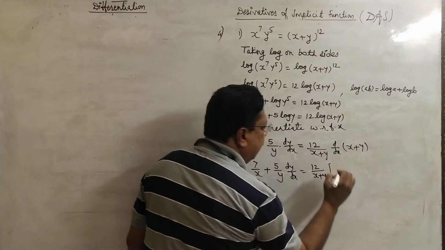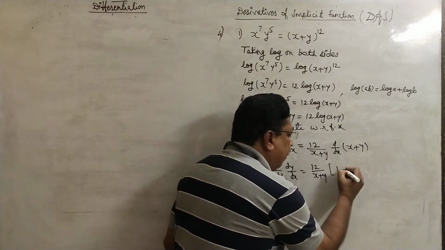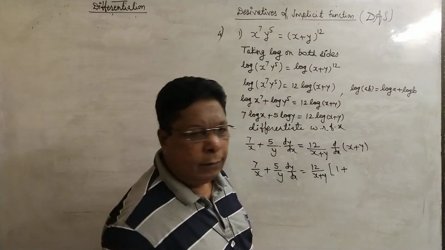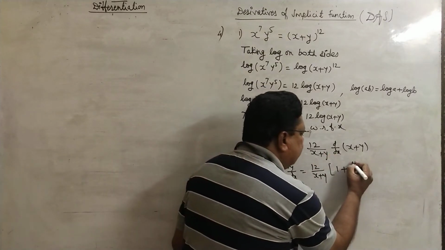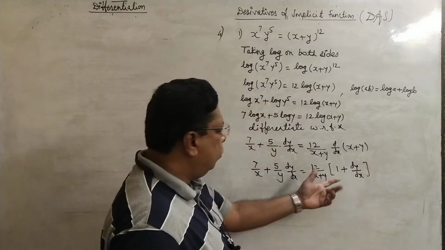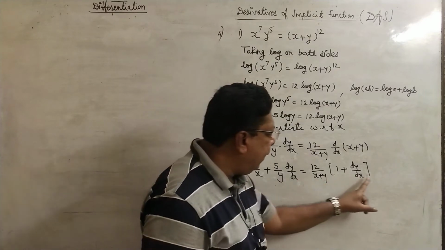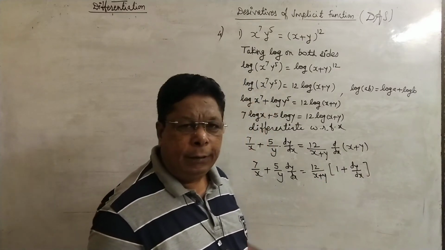Now here take the derivative of x plus y. The derivative of x with respect to x is 1. The derivative of y with respect to x is dy by dx. Now outside the bracket there is 12 upon x plus y, so multiply 12 upon x plus y to each term in the bracket.